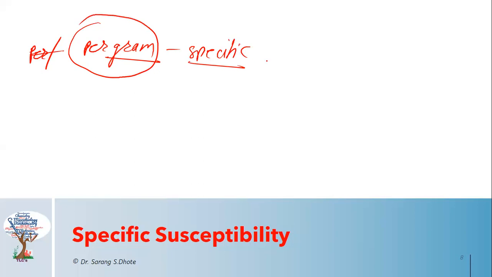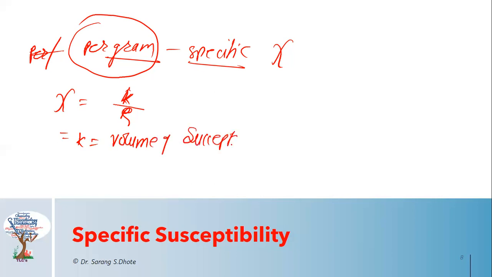It is denoted by chi. Chi equals kappa divided by density, where kappa is the volume susceptibility, and density is the density of the substance.